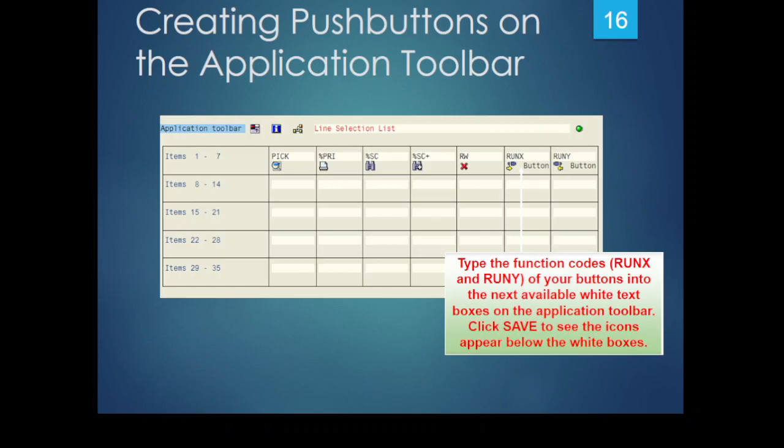Type the function codes, run X and run Y. The function codes we have defined here are run X and run Y. In the next available white text box, we can give our function code here, so it is automatically configured with this application toolbar. After entering the information, we have to click on the save button.